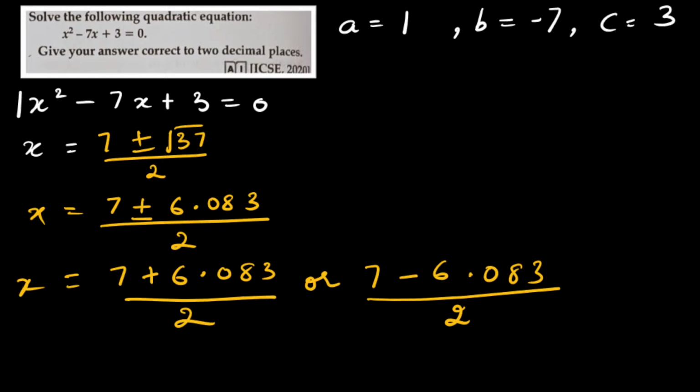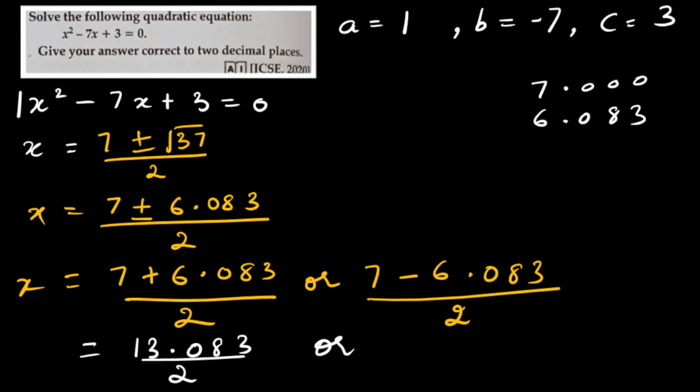So while doing calculation, you have to be very careful here. If you add these two, what will you get? 7 plus 6 is 13.083 by 2. Or if you subtract, from 7 you have to subtract 6.083.